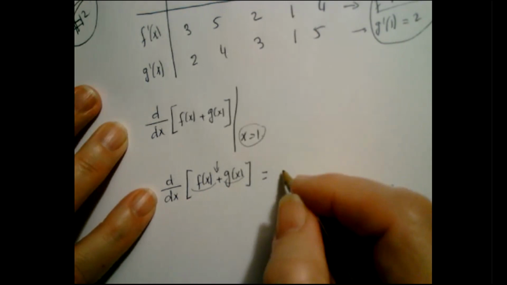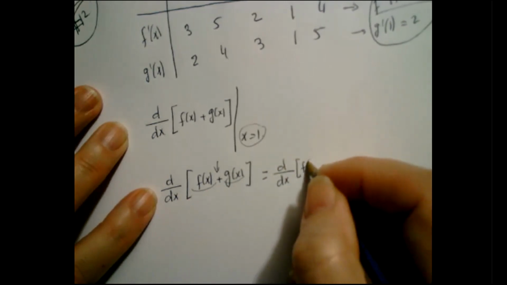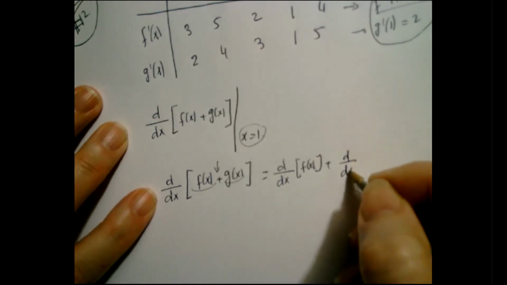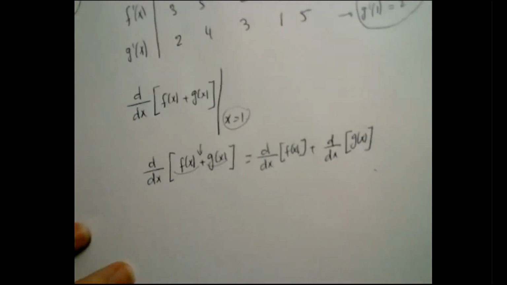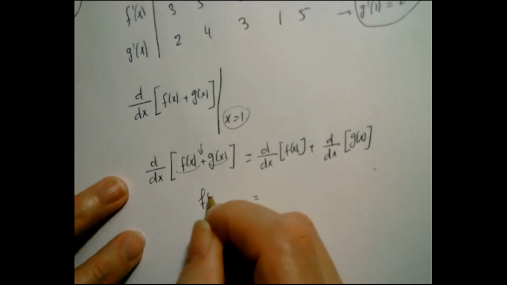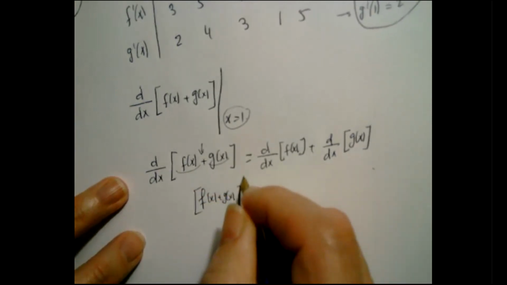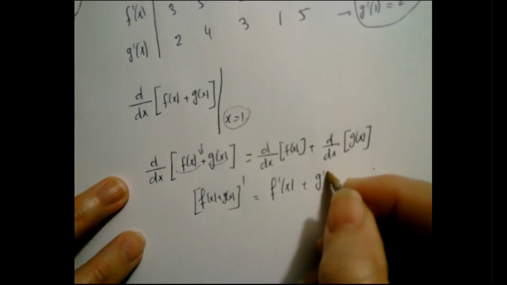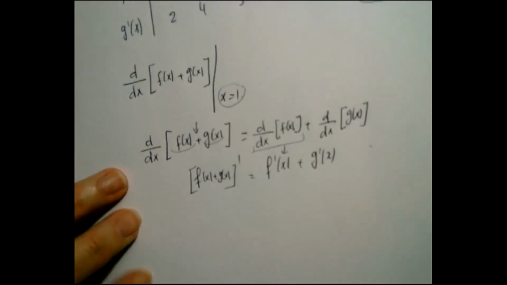So the derivative of that is the derivative with respect to x of f of x plus the derivative with respect to x of g of x. In other words, if you're using the prime notation, the derivative of f plus g is the derivative of f plus the derivative of g.